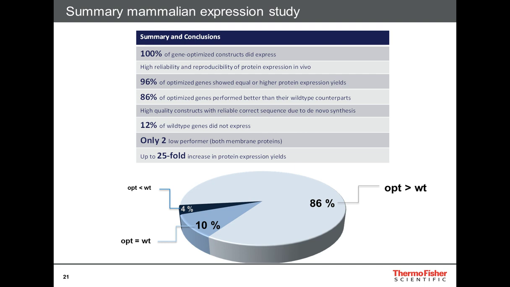So what that means is overall you get a higher expression, but also the reliability that you get a detectable expression at all is much, much higher. Overall, we got up to a 25-fold increase in protein yields, and only 2 of those cases performed less well than the wild-type version.